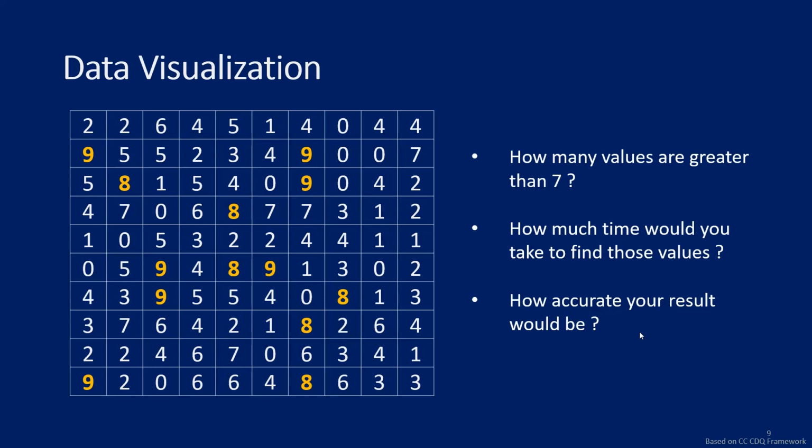In this scenario, there were two questions: one, which numbers are greater than 7, and second, how many of them. As we used some visualization technique, we reduced it. We just said, count the number of yellow numbers, because they are already highlighted for you. It's one of the simplest ways of data visualization.